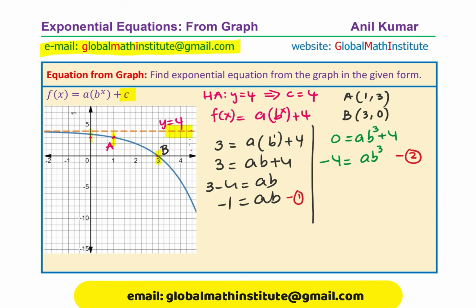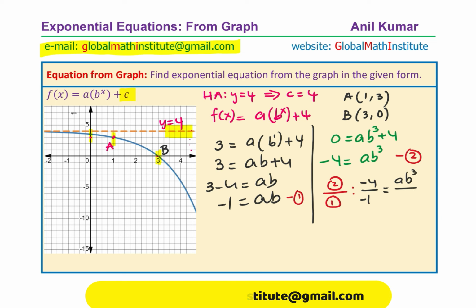So if I divide one by the other, if I divide equation 2 by equation 1, in that case, what do you get? Well, we get minus 4 divided by minus 1, right? ab cubed divided by ab, right? Which gives me 4 equals b squared.